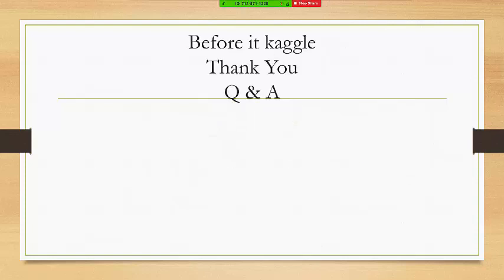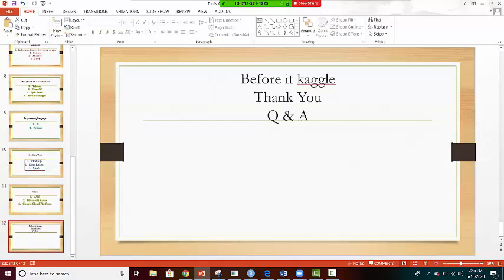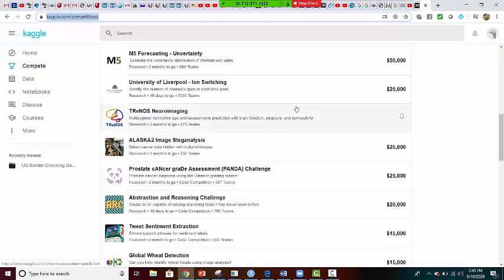So before we go on, I just want to show you a data science website called Kaggle before we come to question and answer. I was mentioning earlier that when it comes to data science, there is always a problem that they need to solve. So this is Kaggle. I have my login.